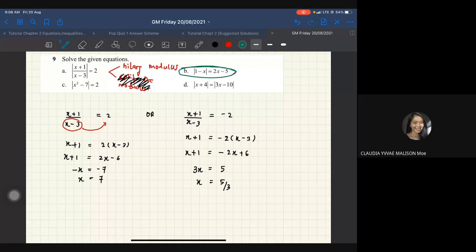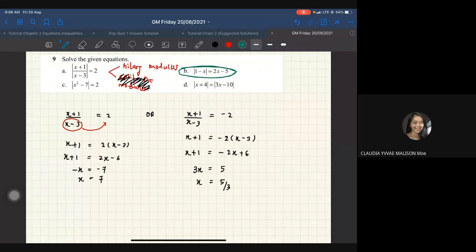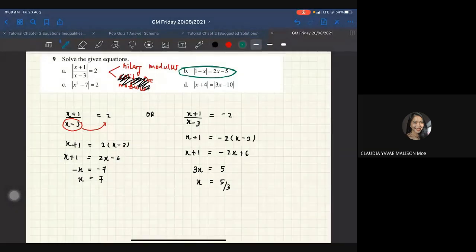So when you have absolute values on the left hand side and then awak ada satu linear expression dekat sebelah kanan, contohnya function yang ada x kuasa 1, linear expression, kat situ baru awak perlu recheck. Untuk soalan ini tak perlu sebab dia memang constant sahaja kat sebelah kanan tu. This one over here is just a constant.